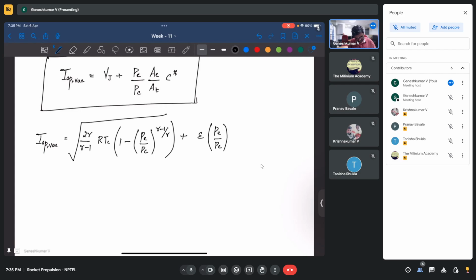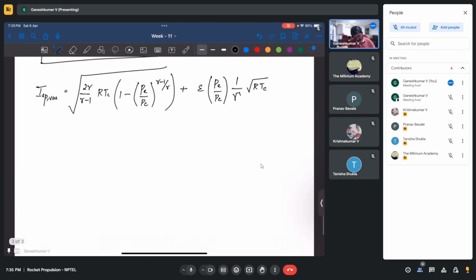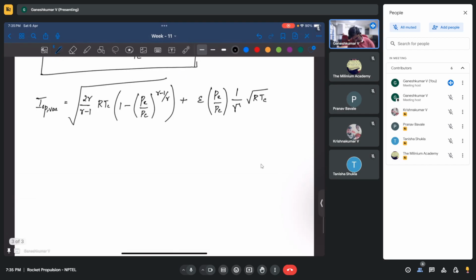Now C star is nothing but 1 by capital gamma times square root of RTC. Now we just need to find Tc from here, because we know everything else. Is that clear?